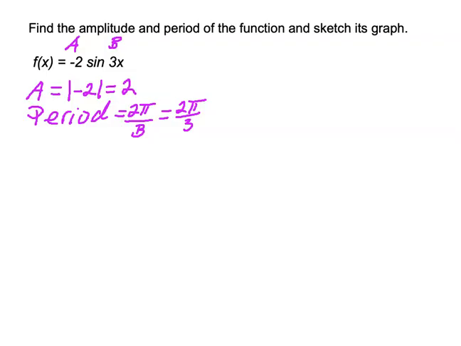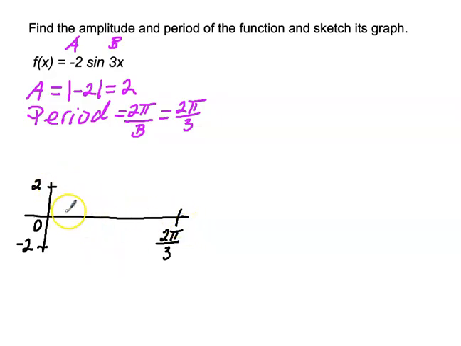So then, if I want to graph this, I will have 0 here. Amplitude is going to be 2, my lowest point is going to be -2, and I know that my period is going to be 2 pi over 3 in this case. Now, to graph this function, we need to have more points, also called key points or steps.